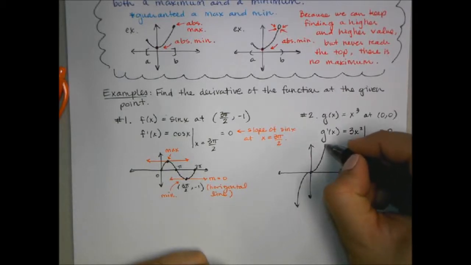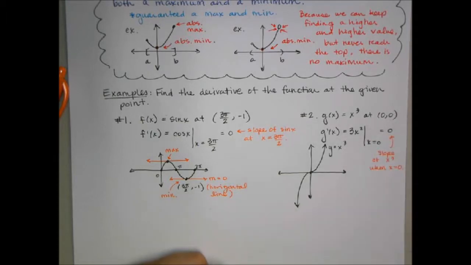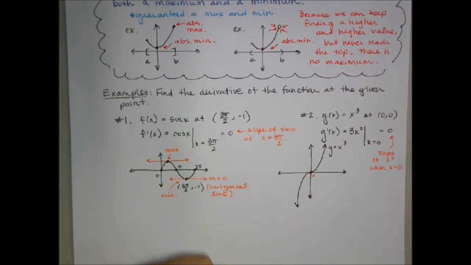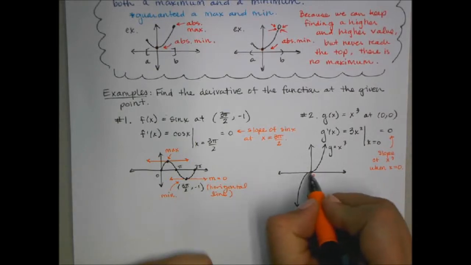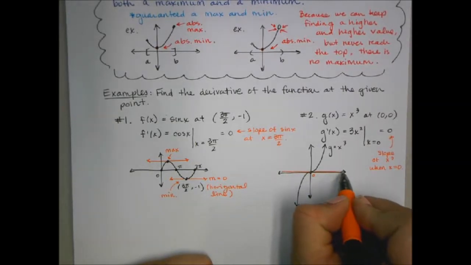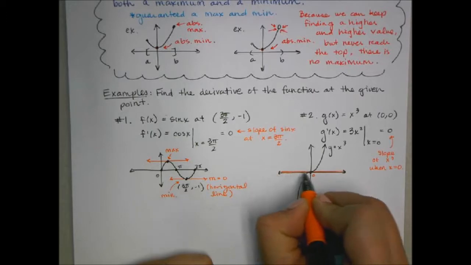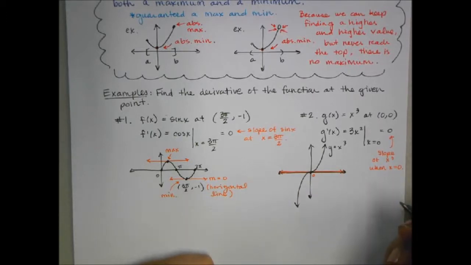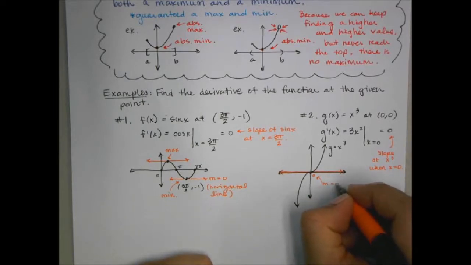So y equals x cubed looks like this. Point 0, 0 is the origin. So that's this point here. It says we have a slope of 0 at this point. So I should have a horizontal tangent line here. This point is obviously not a maximum or a minimum, but I still end up with that slope of 0.